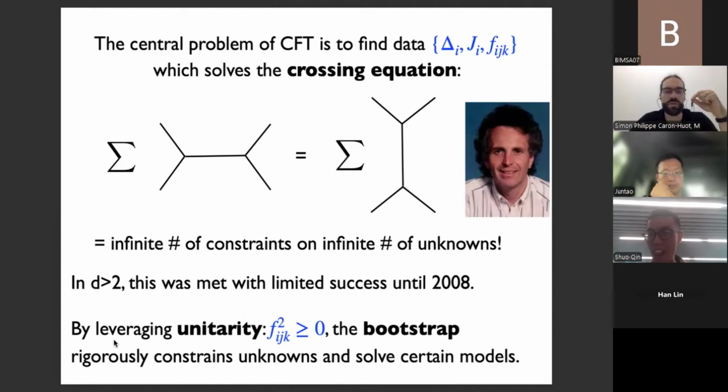The idea then was to leverage unitarity, which is the fact that the things that occur in this formula are quadratic in the unknowns, and they apply some positivity constraints. Using the sign constraints, you can really extract rigorous statements from this infinite set of equations.